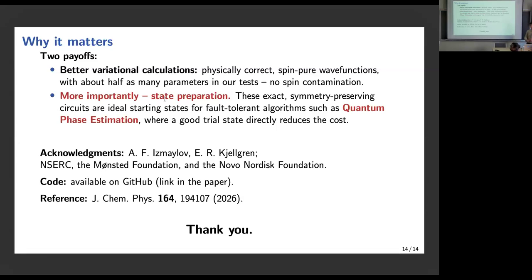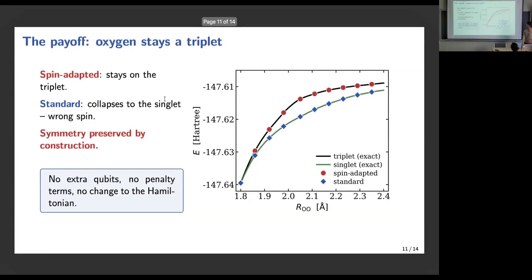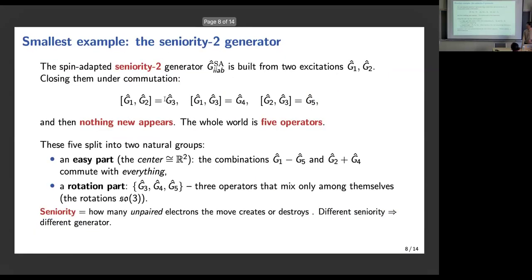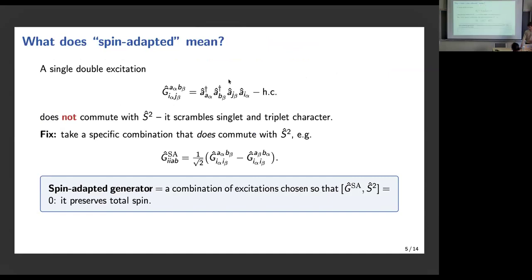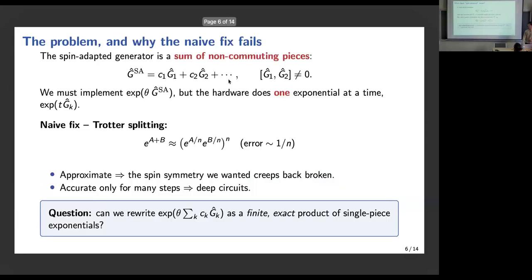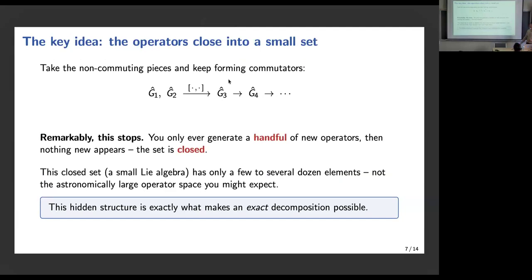Yeah. But do you have to find the original, no, not the closure, but the original operators yourself, the decomposition? So if I'm getting your question right, do you need to find these, the G's, or are you saying do you need to find the spin adapted generators? I'm not sure, but the one that you use to find the closure. Aha, right. So you're saying do you have to manually find G3, G4, all of that?